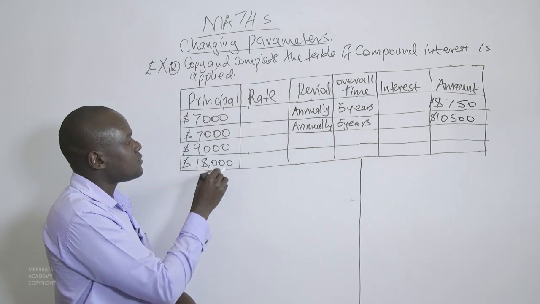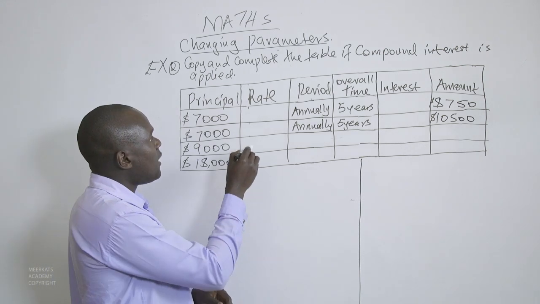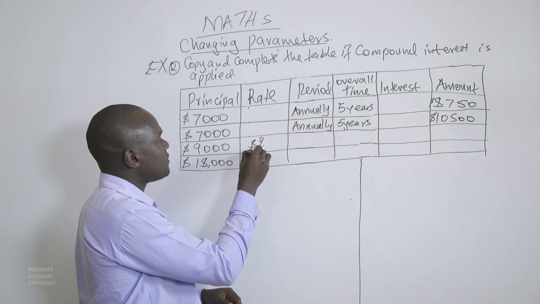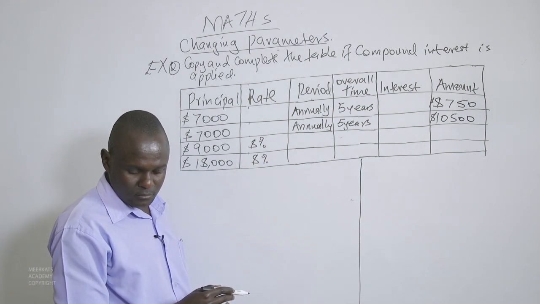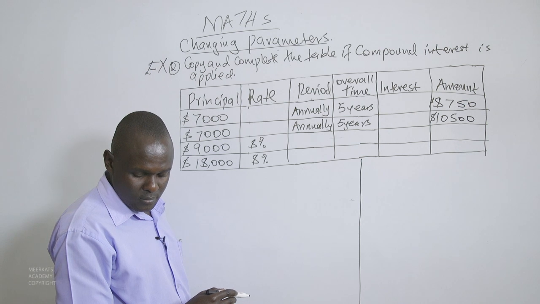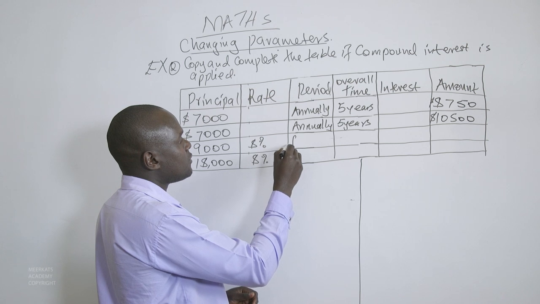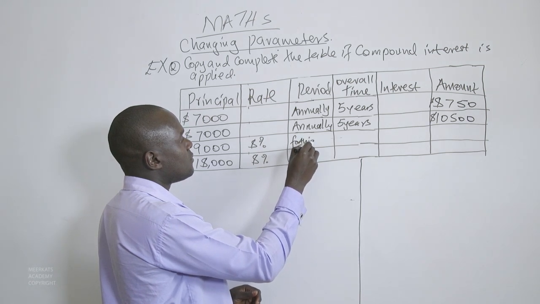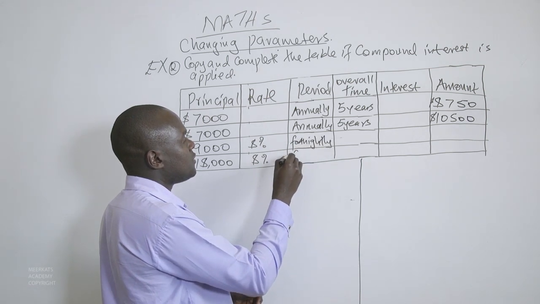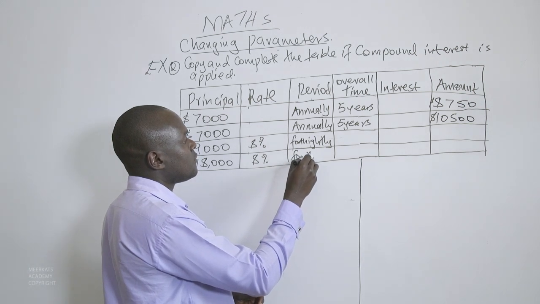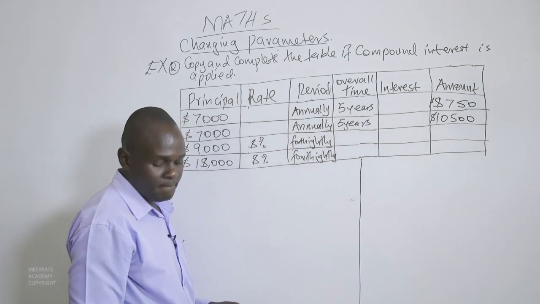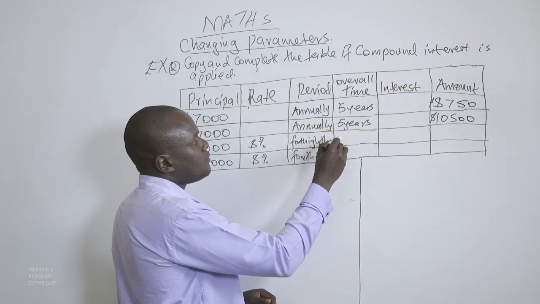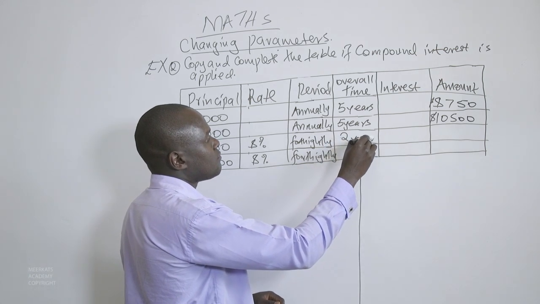And the rates are the same, 8% per fortnight, because they are comparing fortnightly. The overall time is 2 years in each case.